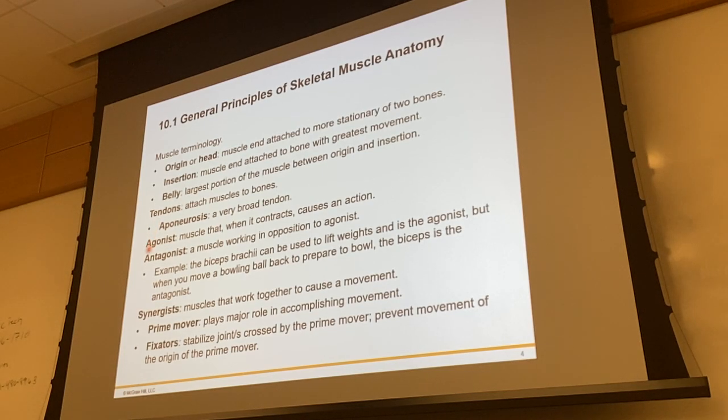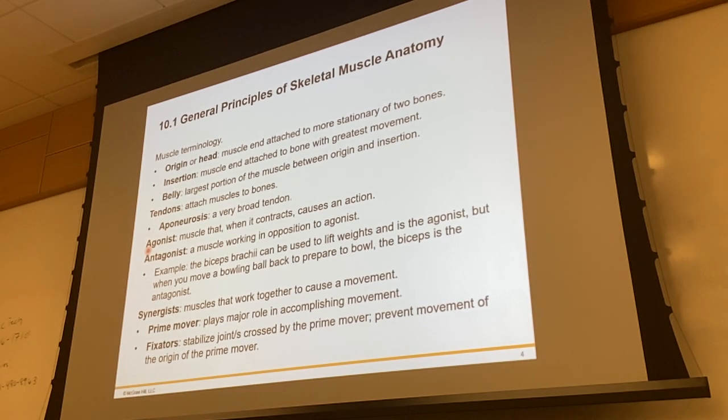Things that I don't spend a lot of time talking about here are these next terms, but you need to understand them because they will inform you when I ask questions about these muscles. So for instance, an agonist is a muscle that is causing an action, and an antagonist, those words look familiar or similar.